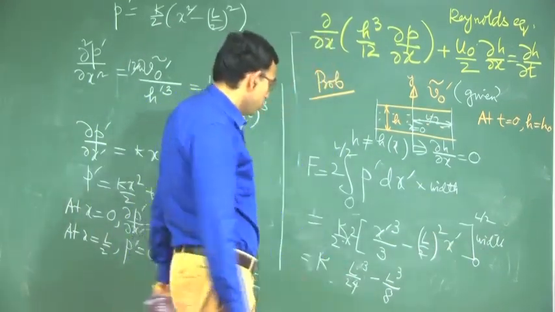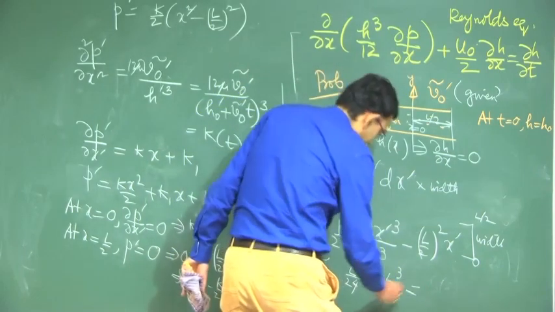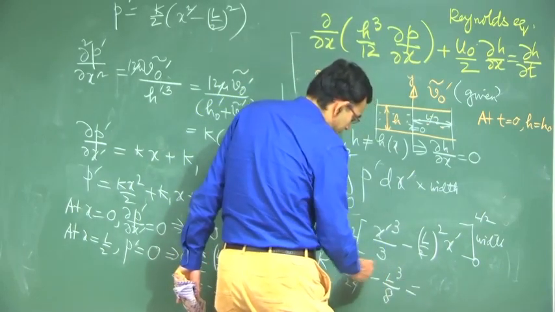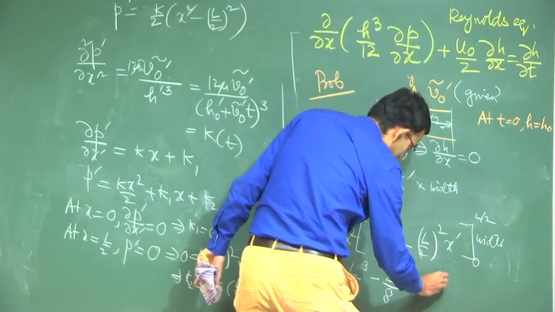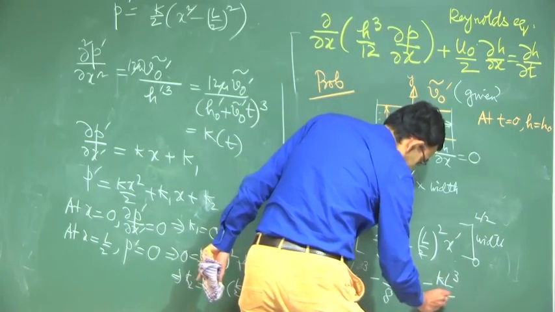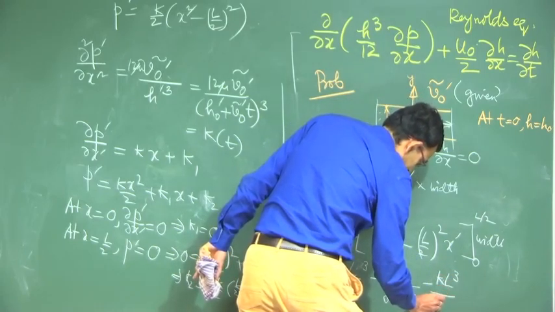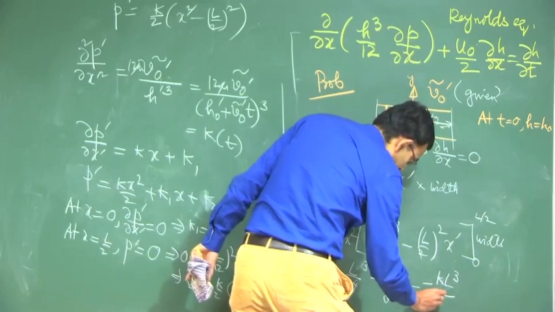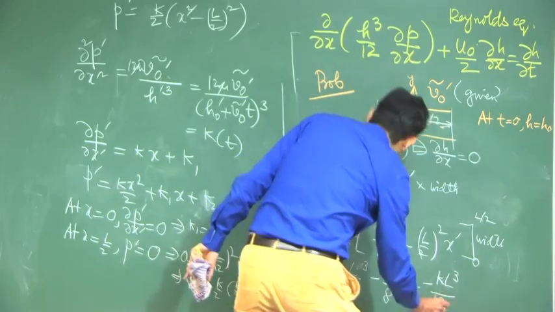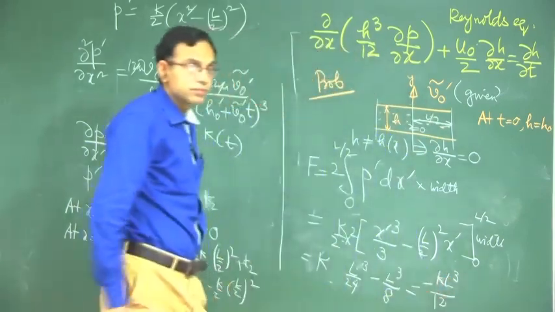So, this will be 3 minus 1, 2. So, minus k L cube by 12, right.